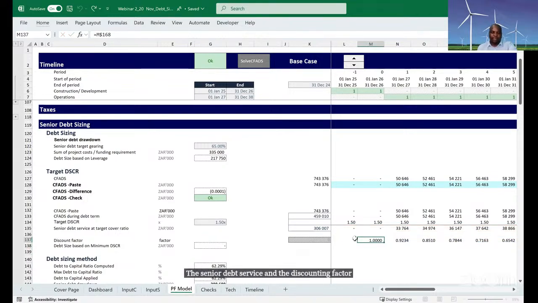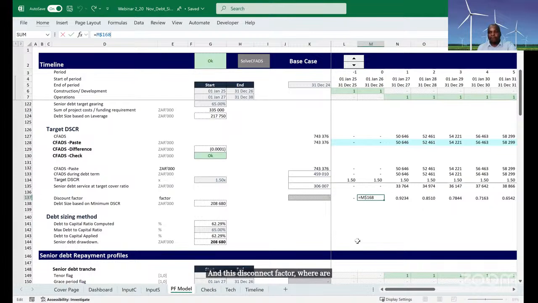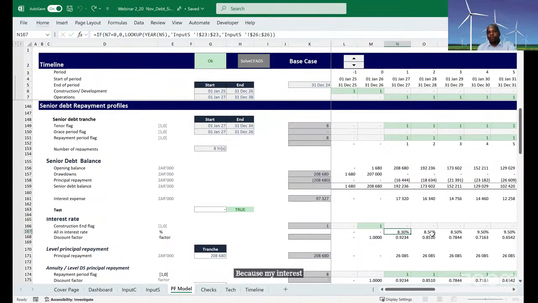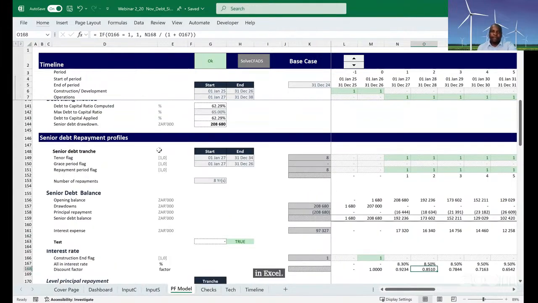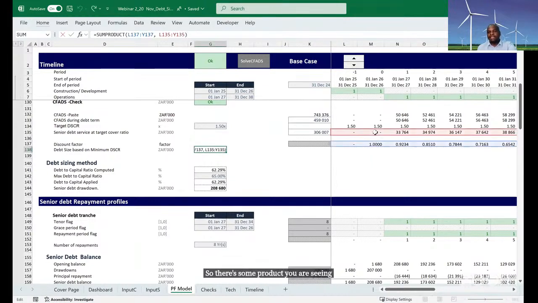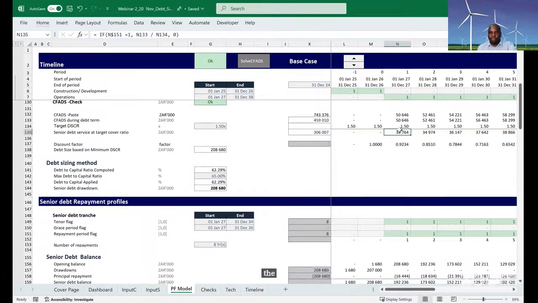And these discounting factors, where are they coming from? They are coming from downstairs here, because my interest rates are changing over time. So I could not use the normal NPV in Excel, but we use the sum product. The sum product just takes the individual debt service multiplied by the corresponding discount factor.